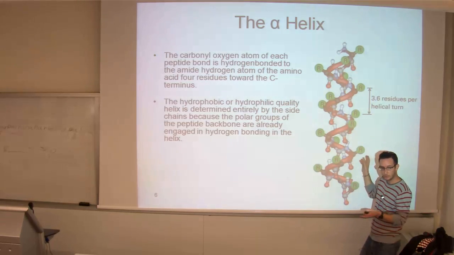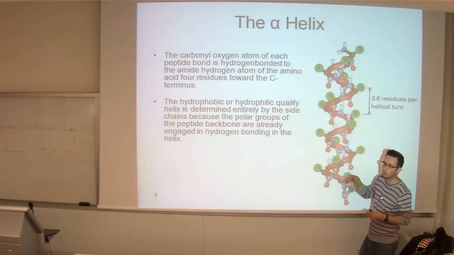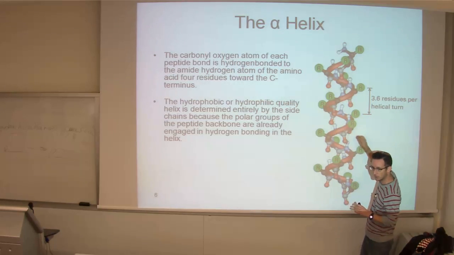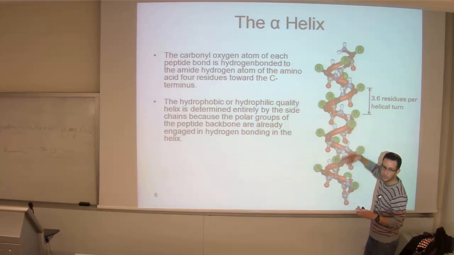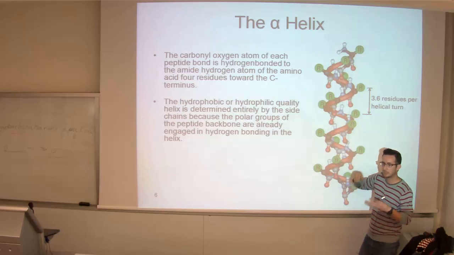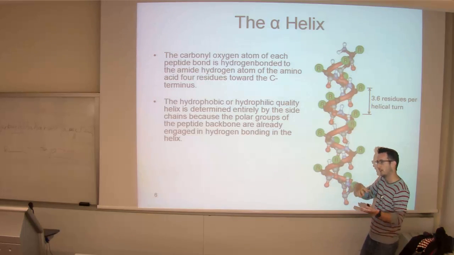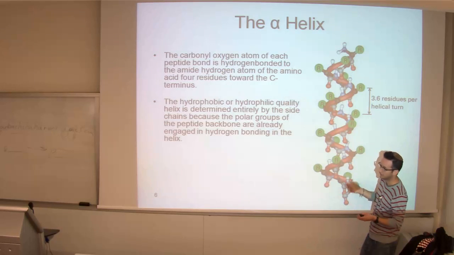So the hydrophobicity of this region will solely be determined by the characteristics of the residual chains. If these are hydrophobic, then the region will be hydrophobic. If the side chains are hydrophilic, the region will be hydrophilic. Again, because anything that gives the protein hydrophilic nature is already taken.